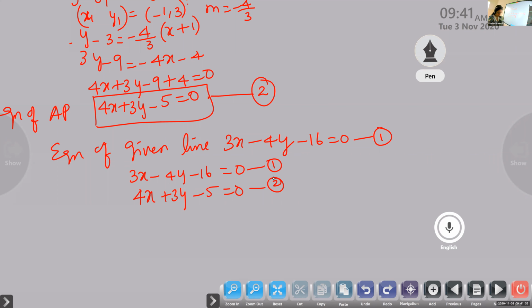Which method are you applying here, children? Elimination method. If you use elimination method, what is the value, Ashwin? Ashwin Binil. Rijas.